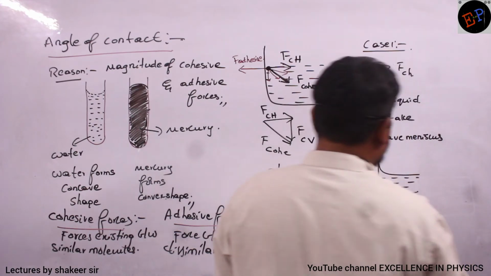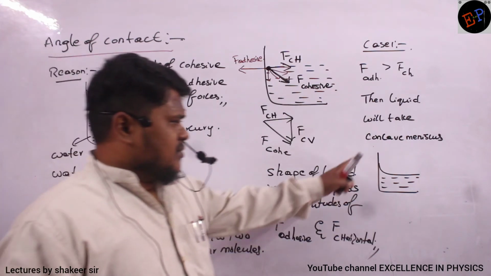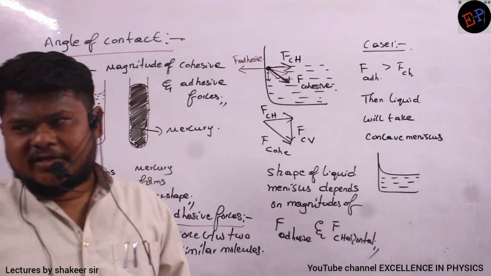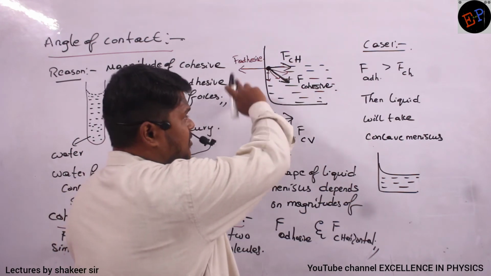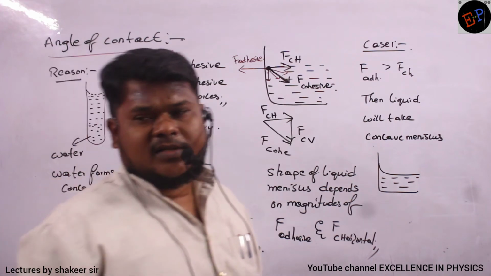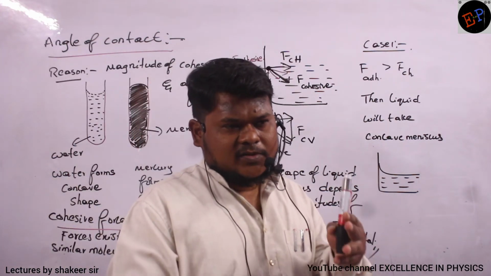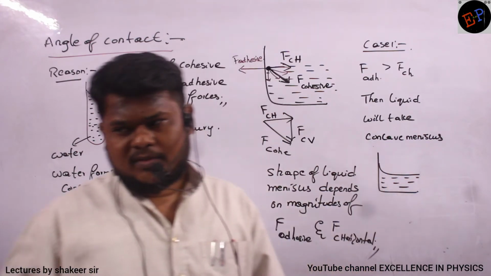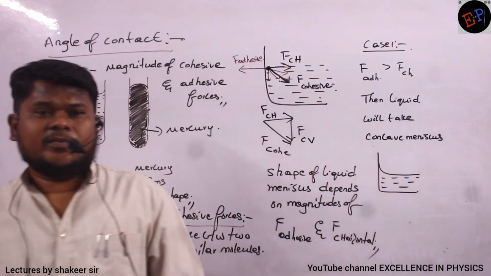A concave shape will exist if the force of attraction between the glass or container and the water molecules is greater than the force of attraction between the water molecules. Then automatically the liquid will form this type of shape, a concave meniscus.